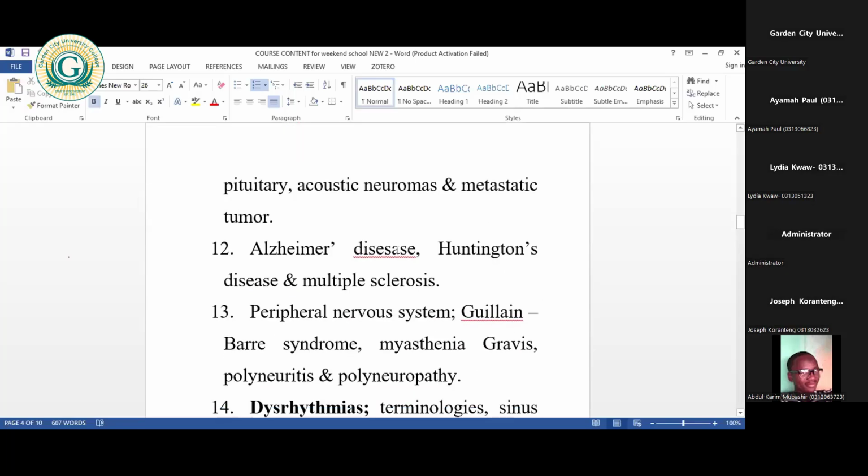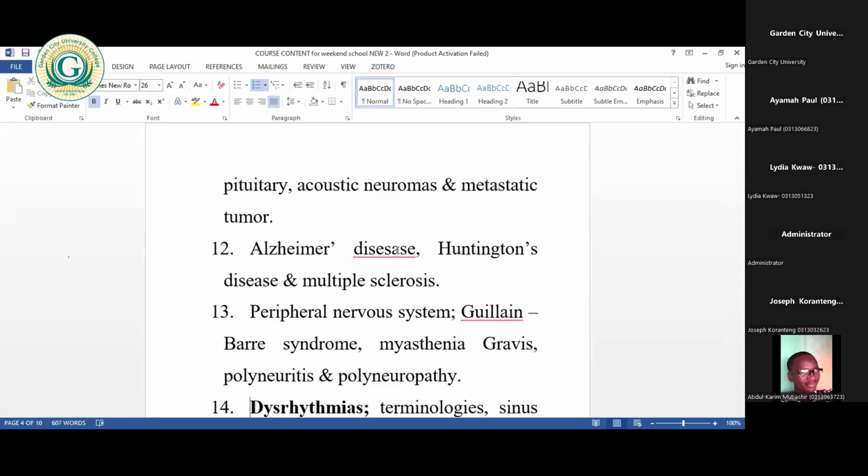The same nervous system, we will look at Alzheimer's disease, Huntington's disease, and multiple sclerosis. Unit 13 will be looking at peripheral nervous system, that is Guillain-Barré syndrome, myasthenia gravis, and polyneuritis and polyneuropathy. That brings us to the end of nervous system.